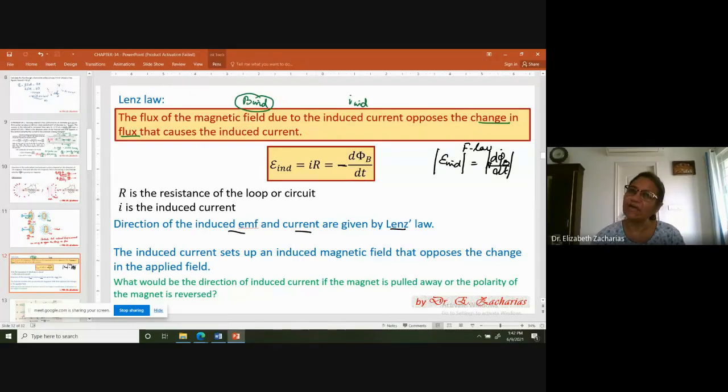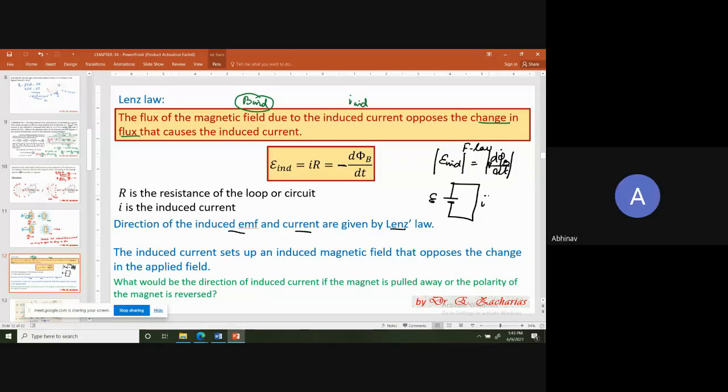Madam, what is the meaning of direction of induced EMF? That I will explain. If you have a circuit and your EMF is this, now tell me, will the current in this loop be clockwise or anti-clockwise? Clockwise.